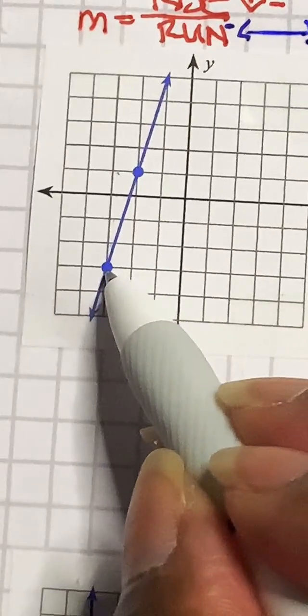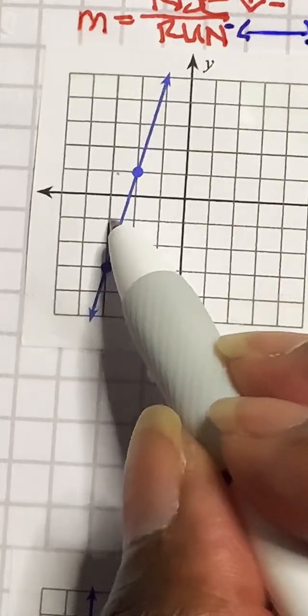So if I'm going from one point to the next, I have to go up 1, 2, 3, 4 city blocks. So I went up 4 blocks. And then I'm going to the right 1 block. So I'm going to the right, so that's a positive 1. Positive numbers go to the right.